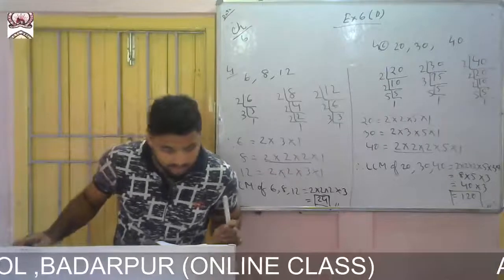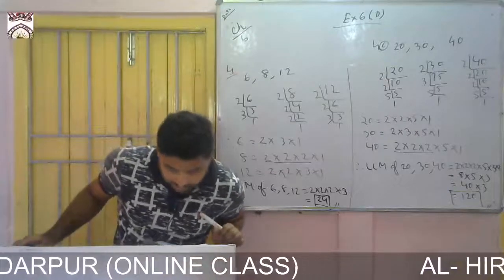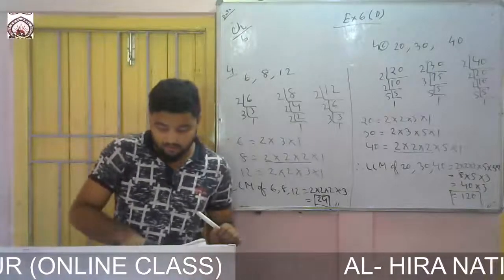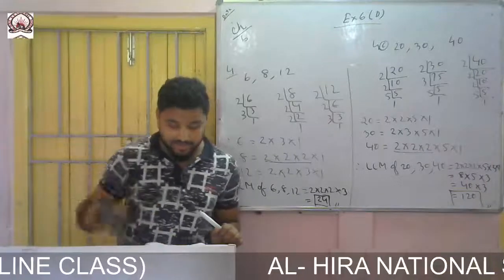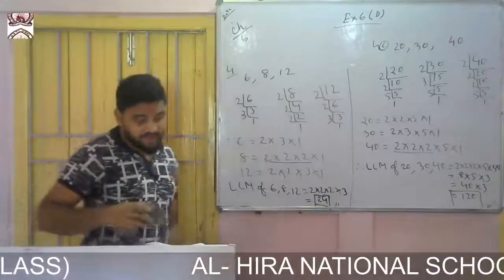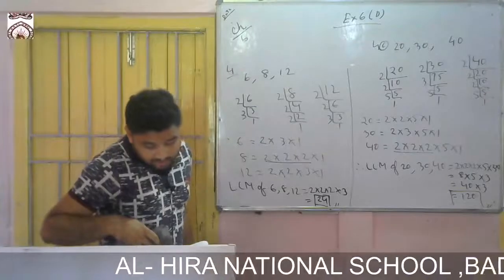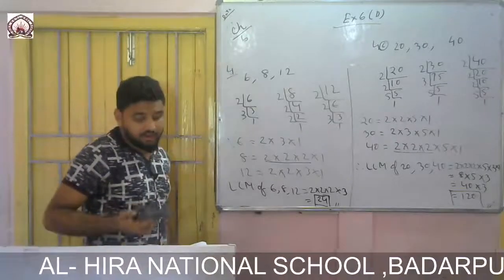Now see question number 5a: 75, 125 and 150.